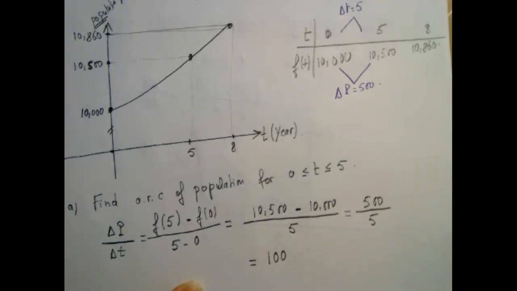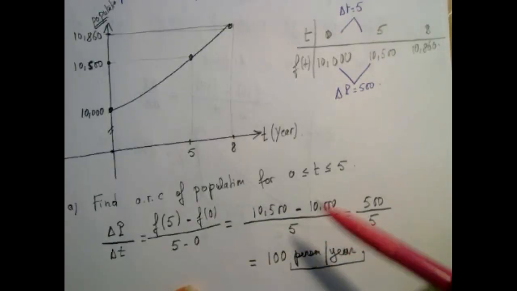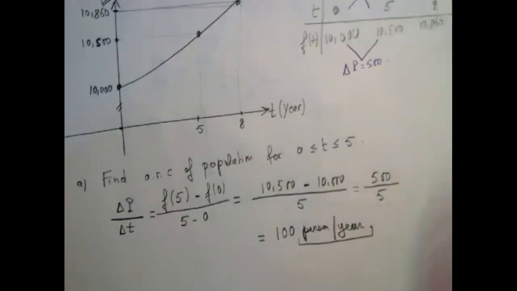That's the average rate. It's 100 a year. Exactly. It's 100 people per year. The per year is crucial here. We're going to call this the unit of the average rate of change. It's people per year. It means on average.